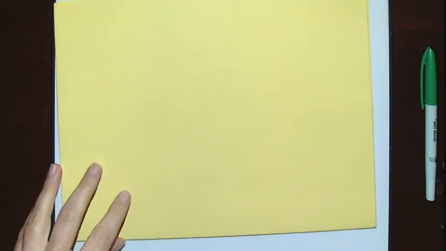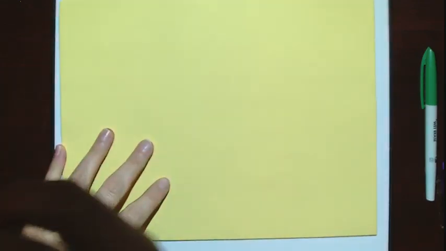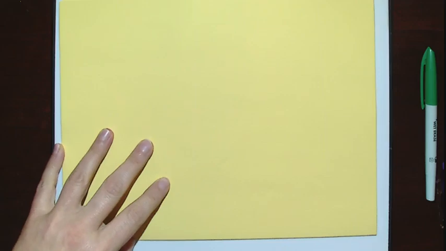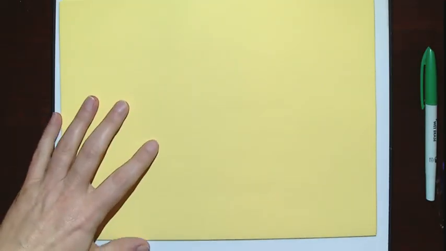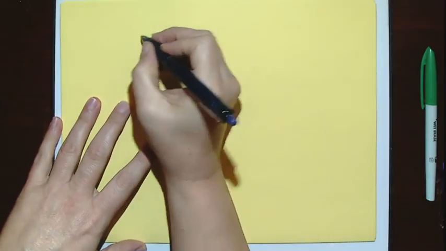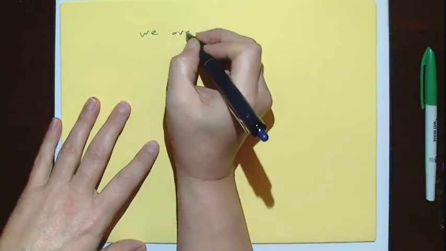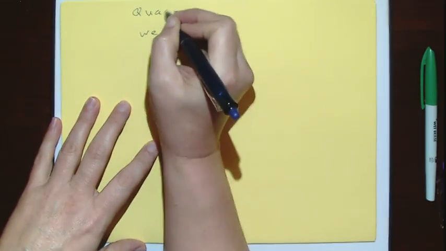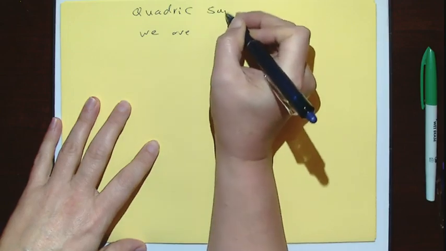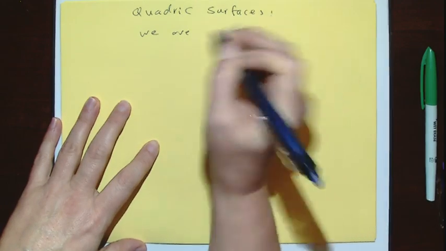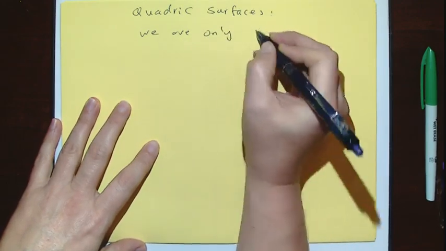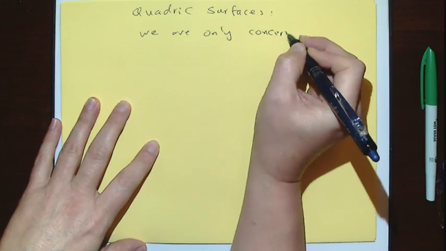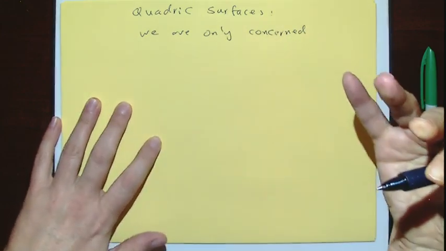So a few things. In this course, I give you a long definition up there, lots and lots of variables. In this course, we are only concerned, let's write it down, quadric surfaces. We are only concerned as far as recognition goes.